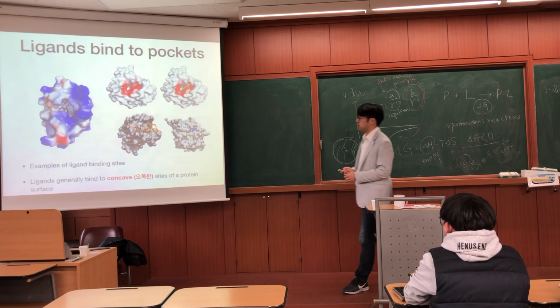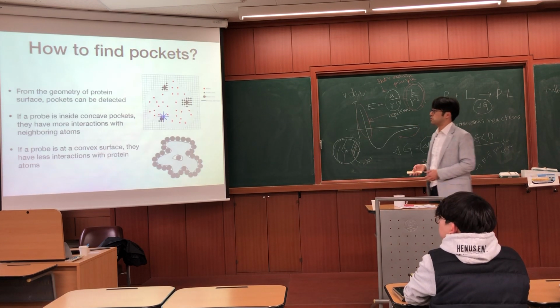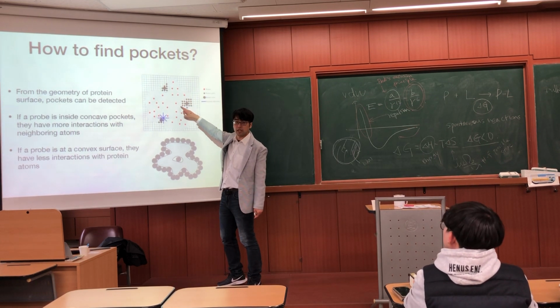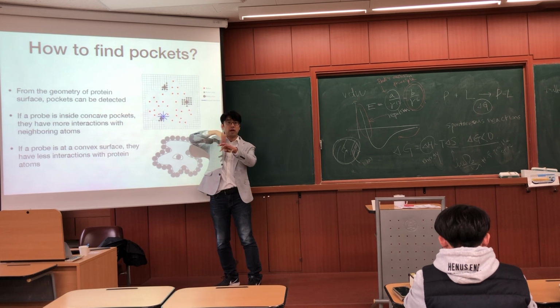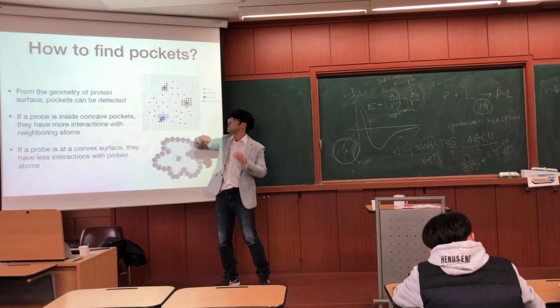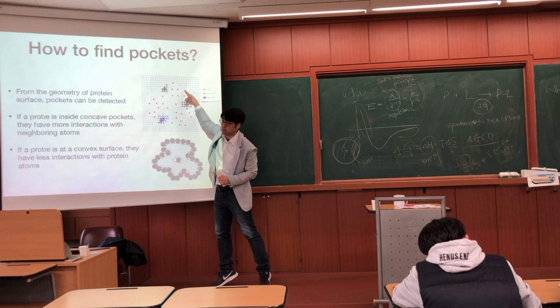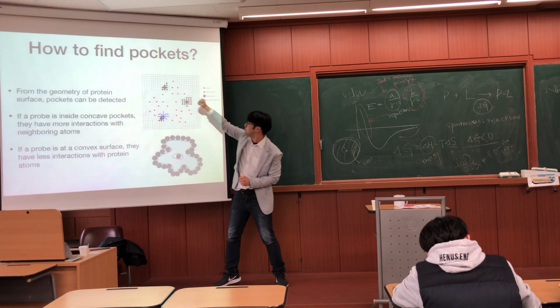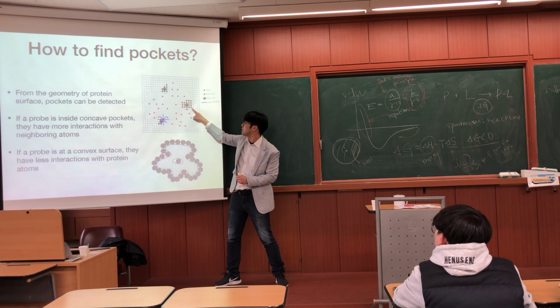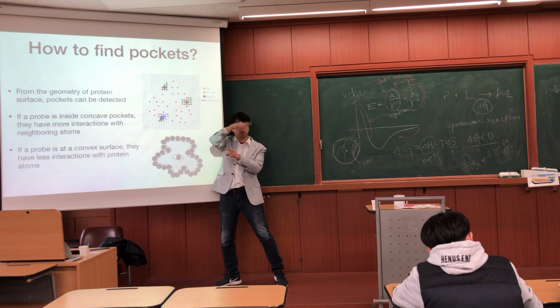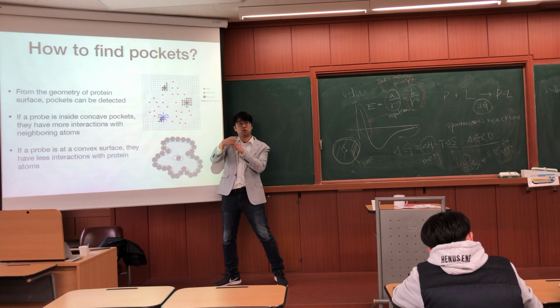Why? As I told you before, if something is bound in a concave spot, it can interact with more atoms of the protein, right? Let's assume the ligand is bound here. Then it can only interact with this one. But if the ligand is bound here, it is surrounded by this number of atoms, so it has more interactions. So they are more strongly bound.